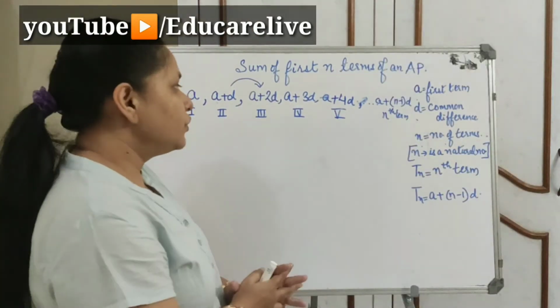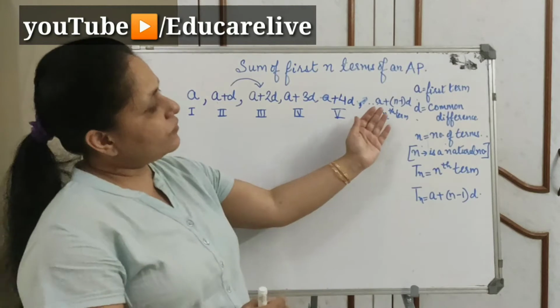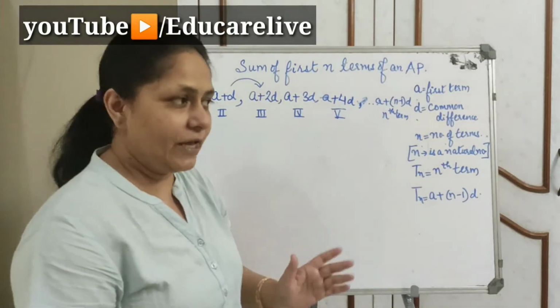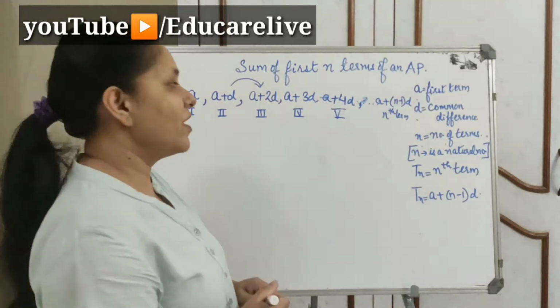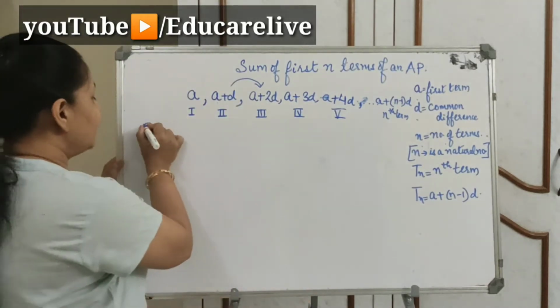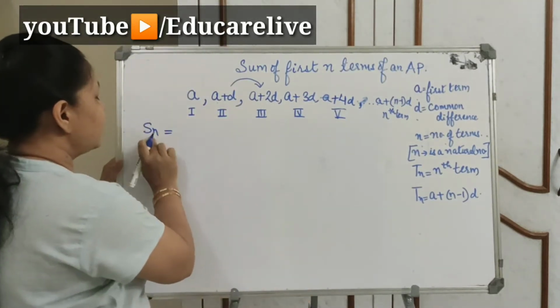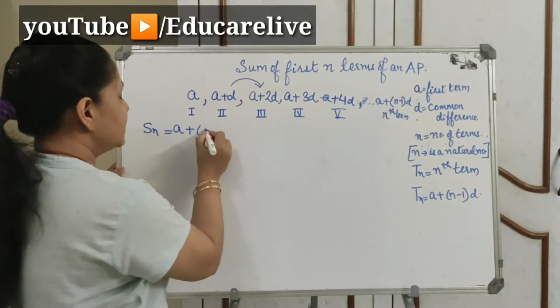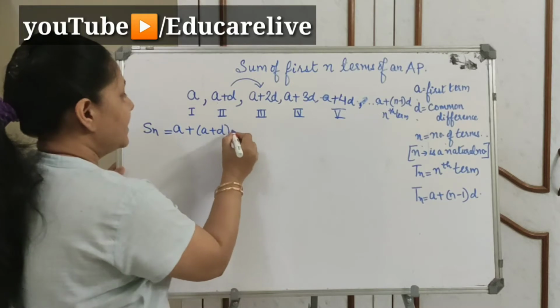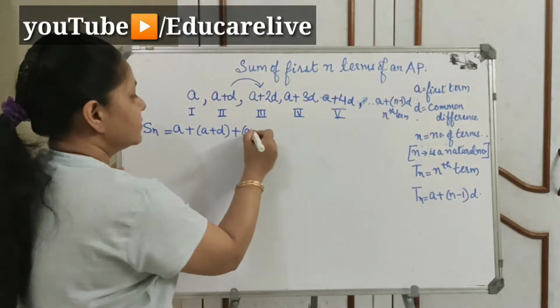So now we need to find the sum of the first n terms of an AP. यानी हमें पहले n terms का sum find करना है. That means what we have to find is the sum of n terms, denoted by Sn. So A plus D. Then we have the next term A plus 2D.